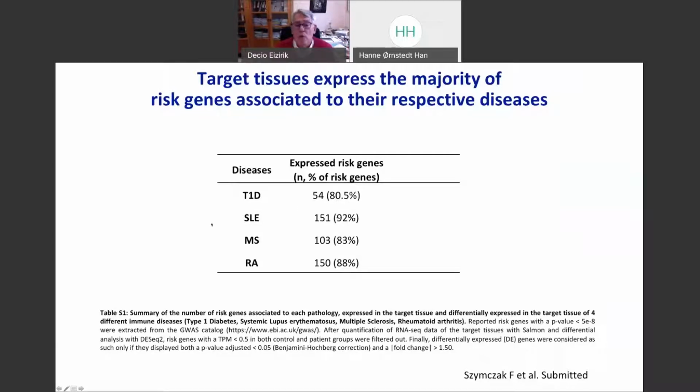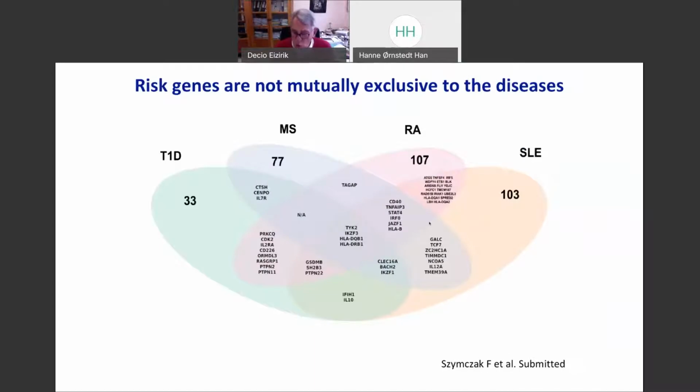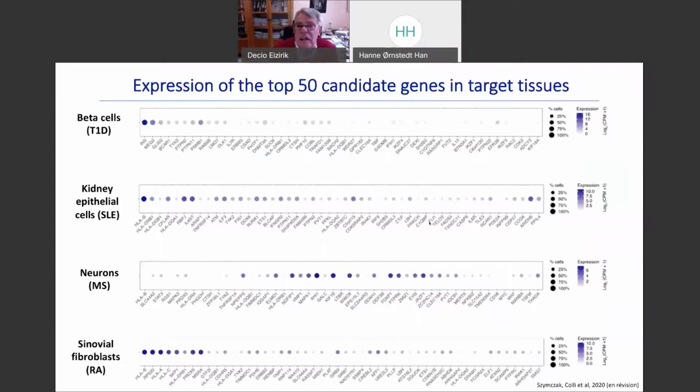No, because when we look at lupus, multiple sclerosis, and rheumatoid arthritis, we find between 83 and 92% of the candidate genes present. Again, we wanted to exclude that this was due to immune cell infiltration. So we went to the single cell RNA-seq, and you find, let's say, in all of these target tissues, expression of these candidate genes.